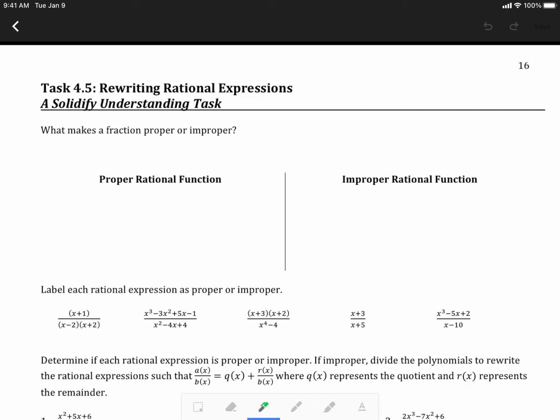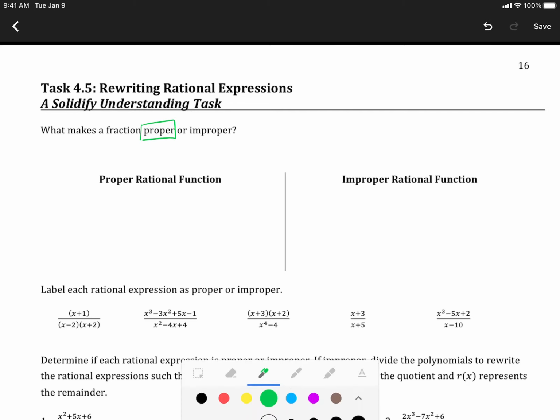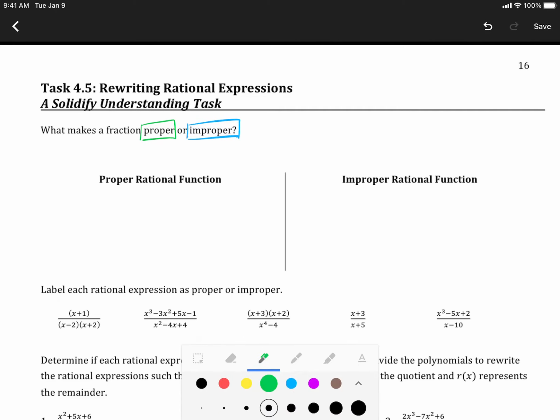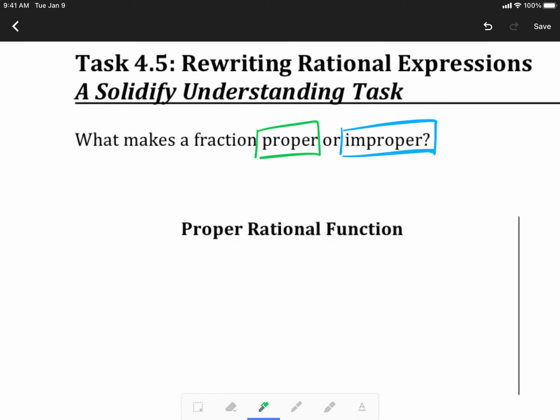What makes a fraction proper versus improper? So again, a proper fraction versus an improper fraction. Well, if you remember, proper fractions are fractions that are usually less than 1. So 1/3, proper fraction. 5/6, proper fraction.